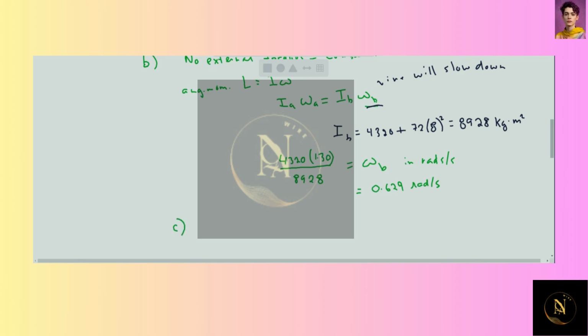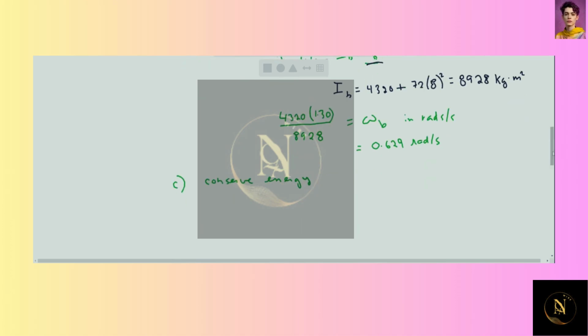Alrighty. So now, swinging back up, we are going to conserve energy again. Okay, so Jane and Tarzan are on the ground, but the vine has potential energy of m2 times g times 4 meters again.